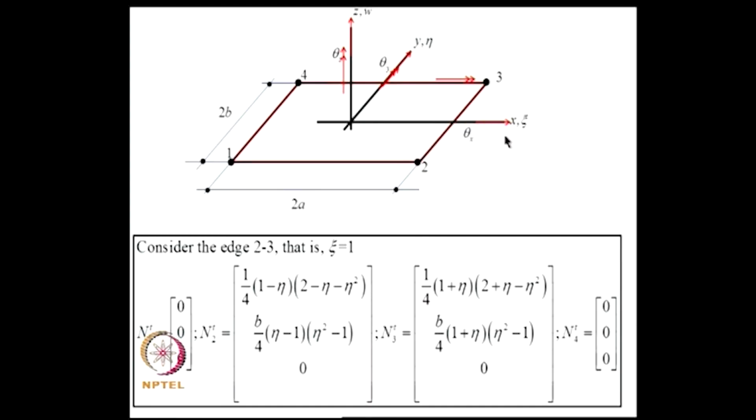If you recall, if these quantities theta x, W and theta y depend only on nodal coordinates at 2 and 3, then adding one more element will retain the continuity of these functions across this edge. But if any of these variables also depend on values at other nodes, then adding one more element here will not give continuity, because a point on this edge, viewed as a member of this element, is influenced by nodes 1 and 4.